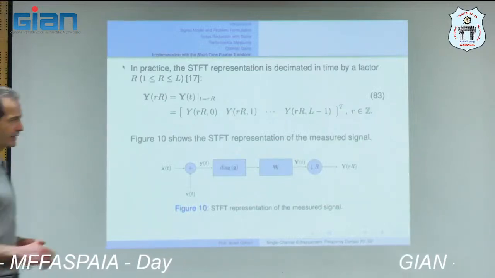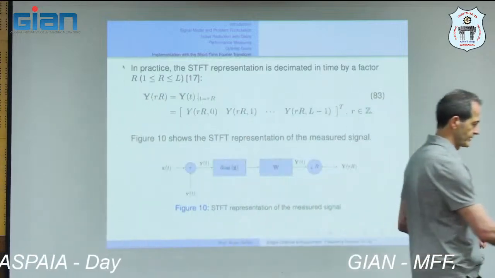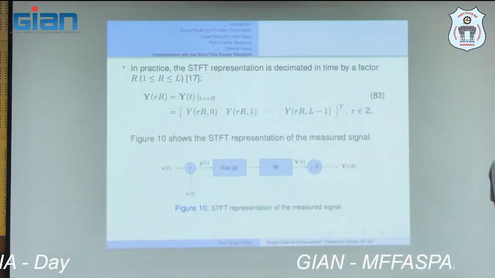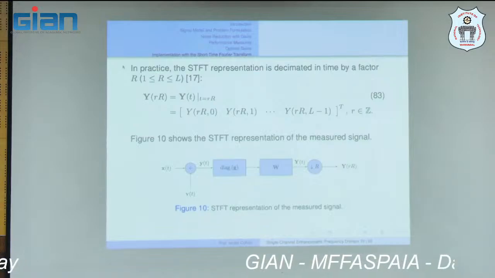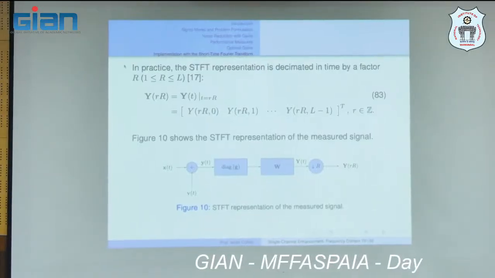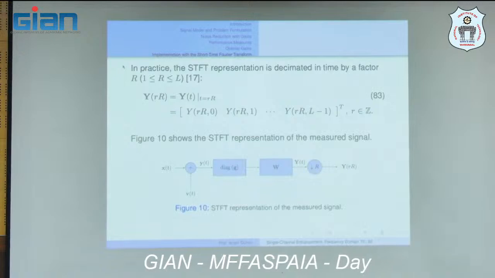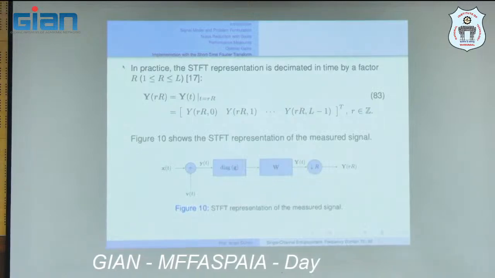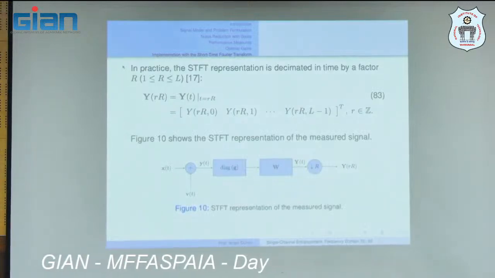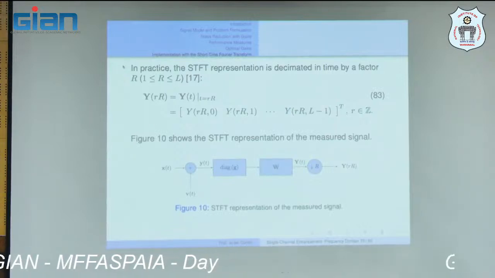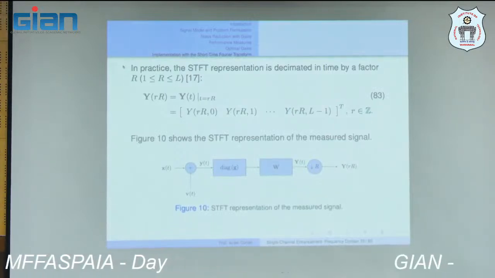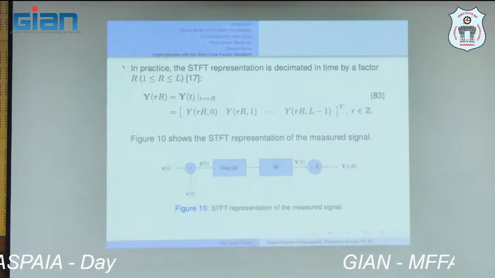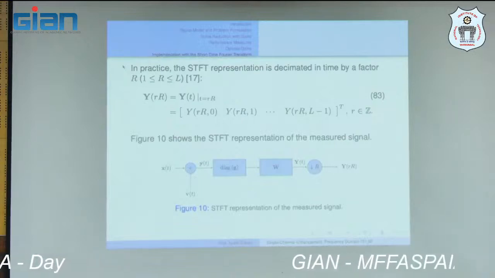Okay? So if we have a signal y(t), this is t, the time axis. So this is the window, and then let's say that we jump R samples.